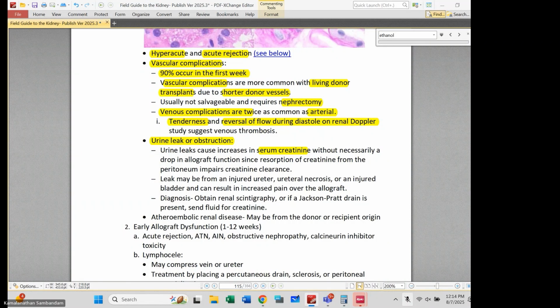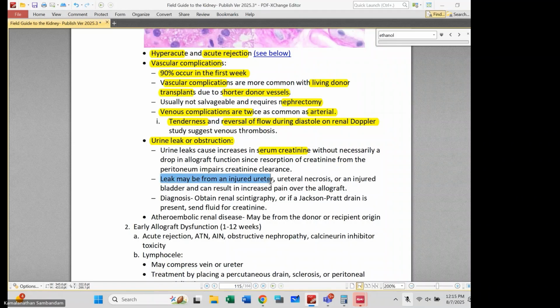Well, it's possible that the allograft function is quite acceptable, but the urine, instead of leaving the body, is spilling into the peritoneum. And so the creatinine, instead of being excreted, is actually getting reabsorbed in the peritoneum. And so again, technically, the allograft is working, it's excreting creatinine. It's just that the creatinine is not leaving the body, it's being reabsorbed by the peritoneum.